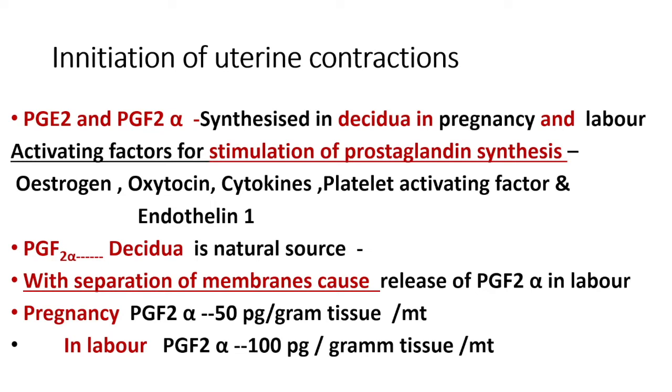Decidua is the natural source for PGF2 alpha. Separation of membranes causes release of prostaglandin F2 alpha in labor. Thus, it is a practiced method of induction of labor.